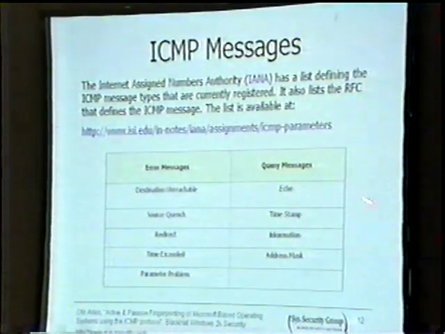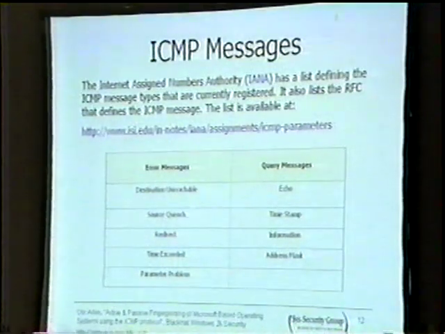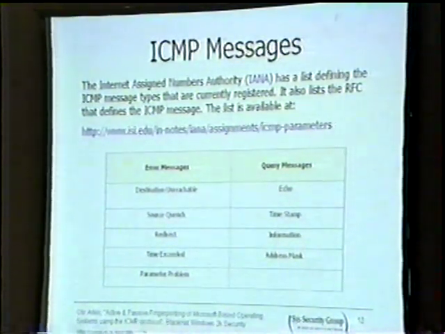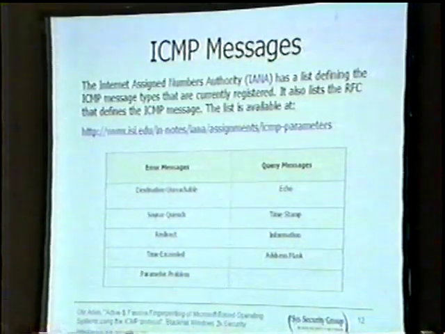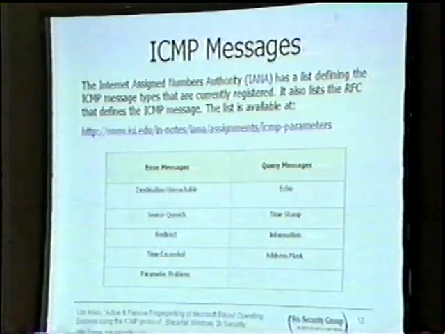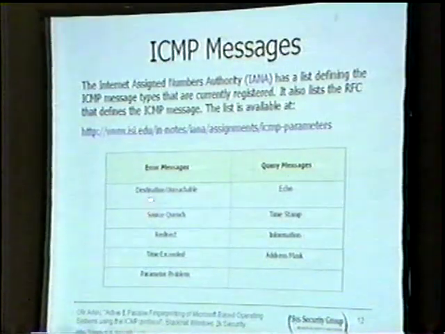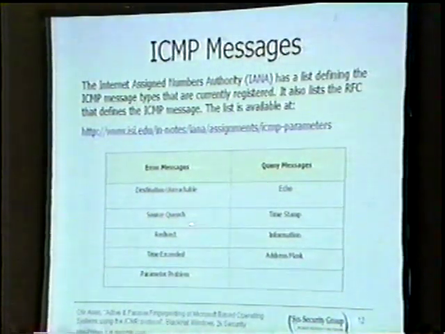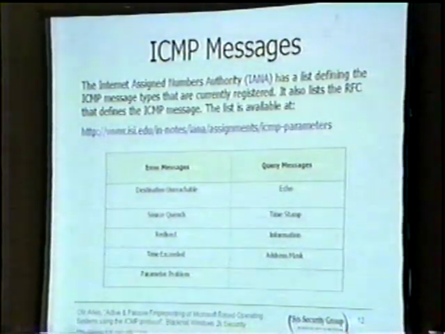All the query messages were initially designed to work on the same network as the query host, as the source hosts for those queries. But apparently we can use them across the internet nicely. Error messages: we have destination unreachable, source quench, redirect, time exceeded, and parameter problem.